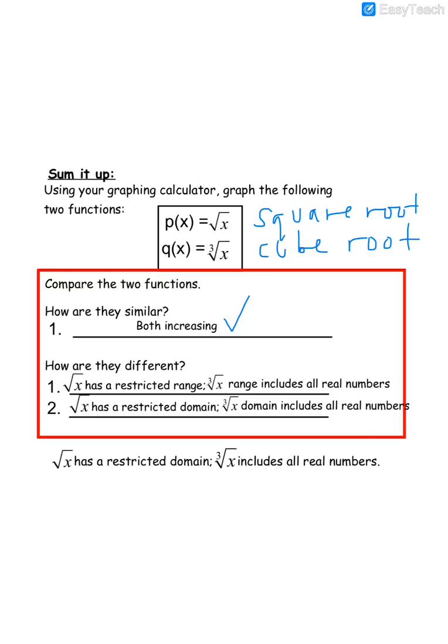So the square root of x has a restricted range because it can have no negative numbers. You just can't find the square root of a negative number. We talked about that in the do now. The cube root of x includes all real numbers. That's why it's negative infinity and positive infinity.